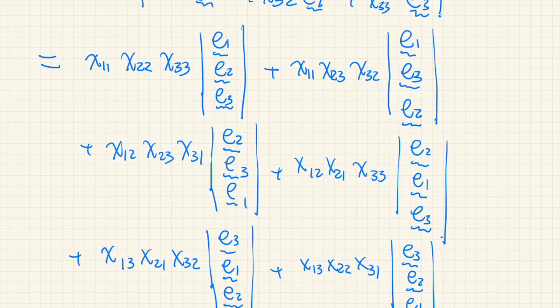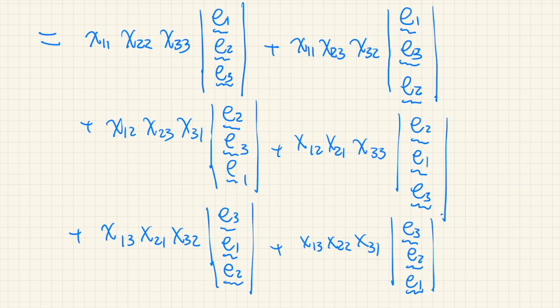After all the expansion, we have all the permutations of the three numbers 1, 2, 3: 1 2 3, 1 3 2, 2 3 1, 2 1 3, 3 1 2, and 3 2 1. So by using linearity, we can reach up to this point.